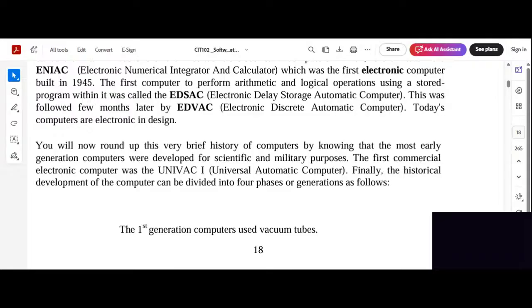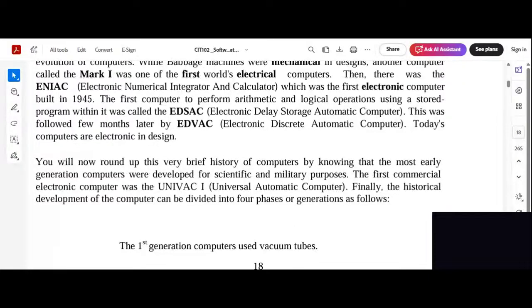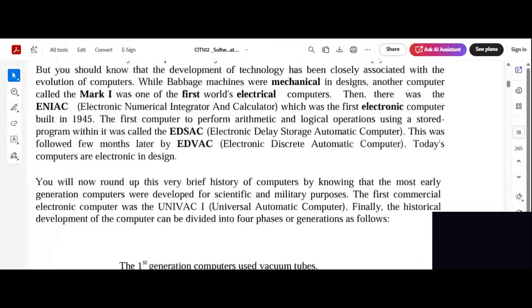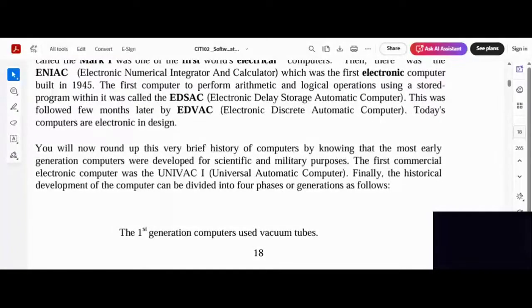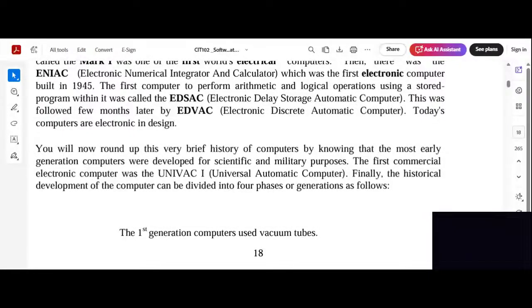The first electrical computer, which we've talked about, was the Mark 1. A kind of summary for this unit, this part: Mark 1 was the first electrical computer.